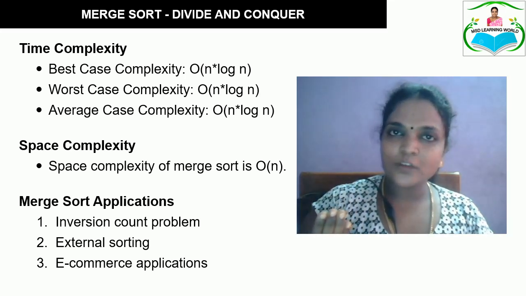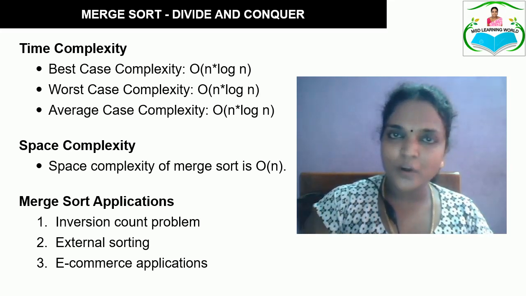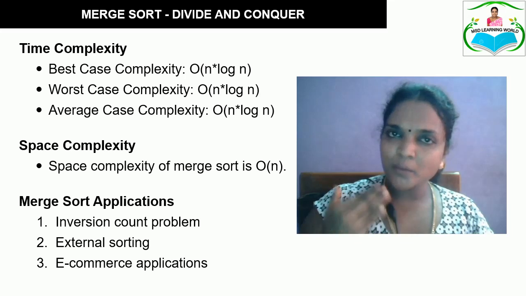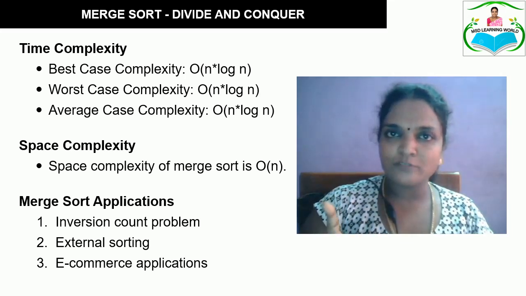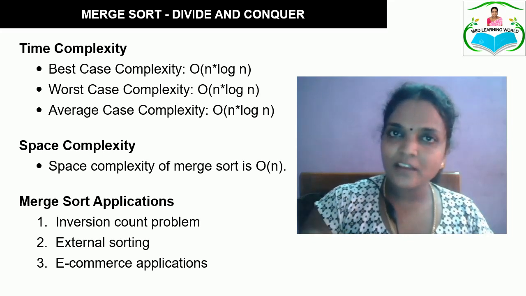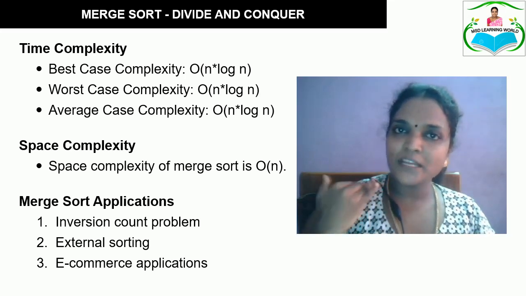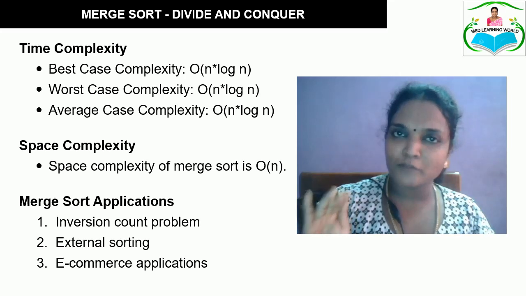Even when all the elements are sorted, the division operation is going to be performed n by 2 number of times, the conquer is going to happen, the comparison is going to be done for n elements in the subarray, and the combining of the subarrays is also going to happen, whether the array is sorted, partly sorted, or completely non-sorted. In the best case, worst case and average case analysis, the operations of divide, conquer and combine are performed the same number of times. So it is order of n log n.